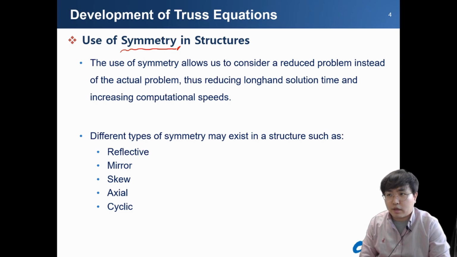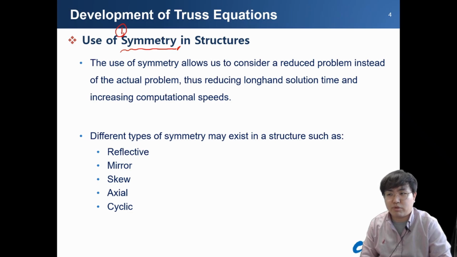That makes the local and global stiffness matrices large, requiring a lot of computational cost to obtain the solution. To reduce the computational cost, that is, to reduce the stiffness matrix size, we have one technique.